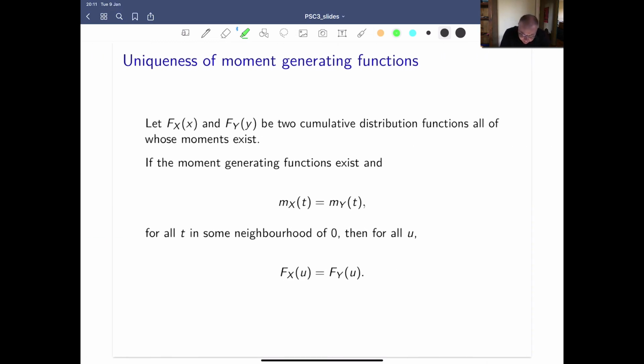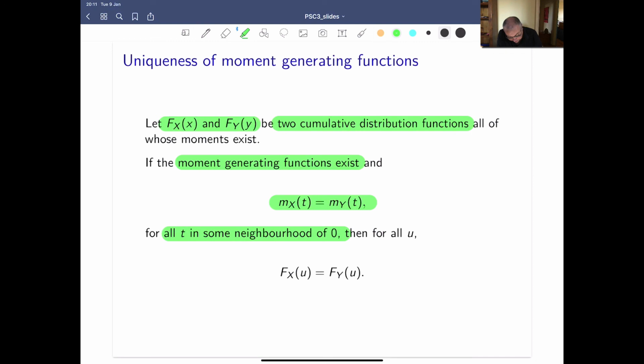Why do we care about moment generating functions? Well, it's a really nice property. Let's say we've got two CDFs, so we've got a random variable X and a random variable Y, and we know that the moment generating functions exist. We do some calculations and we find that they have the same moment generating functions, and this is true for all t in some neighborhood of 0.